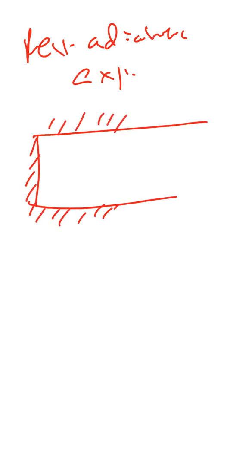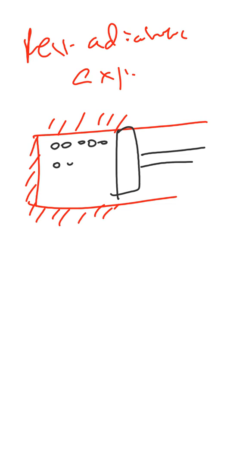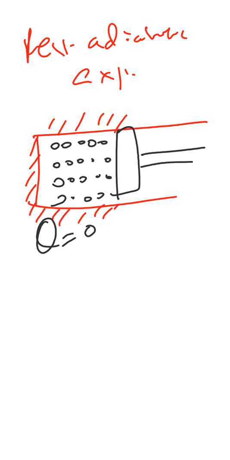Some insulation you have to apply so that there is no heat transfer between the gas, the system, and the surroundings. Heat transfer should be zero because it's an adiabatic process, and only there will be expansion. Maybe the outside pressure is less than the inside pressure. The gas will expand, and there will be a change in volume, but this will happen adiabatically. So this is called reversible adiabatic expansion.